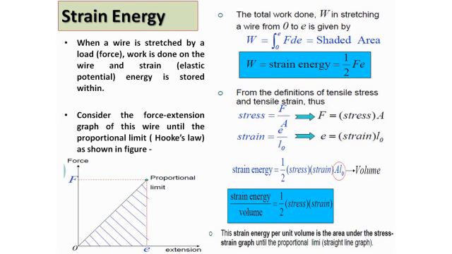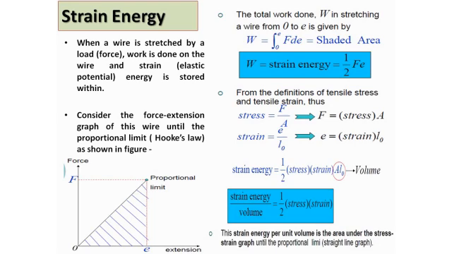Now let us consider the force extension graph of this wire until it reaches the proportional limit, means until it reaches Hooke's law. So this is the force, this is the extension. Till the proportional limit, the energy that we have applied on the wire for stretching is also denoted as work done, right?